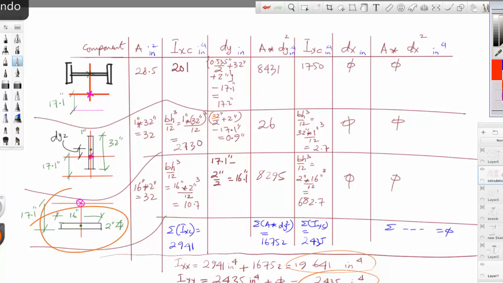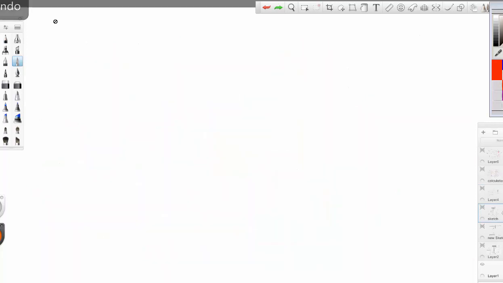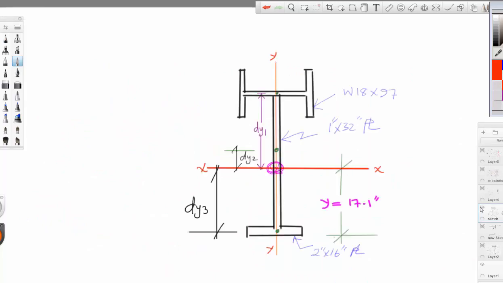Now see, this plate is 2 by 16 inch, but it is oriented differently. So again, the area is not a big deal. It is 2 multiplied by 16. But for the moment of inertia about x, b is the measurement parallel to the x-axis, the axis that we are taking moments of inertia about, which in this case is 16. So it is 16, and the height will be this measurement, which is 2 inches.